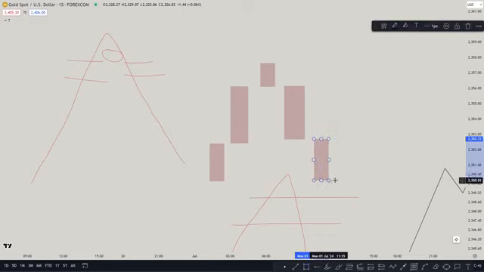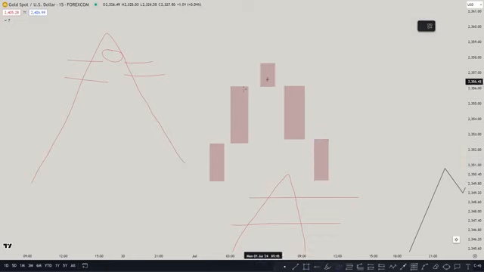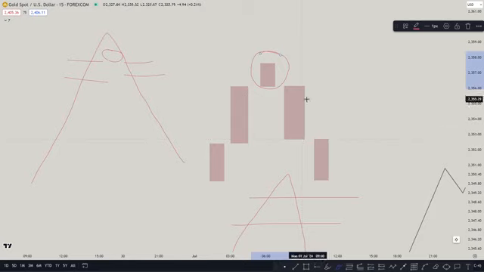You see, we got two fair value gaps, but this candle here, the third candle in the first fair value gap and the first one in the second fair value gap, is a common candle for this one and for this one. When I see something like this, where we have a common candle in between, this is definitely a clean balance price range, and it's an immediate balance price range.